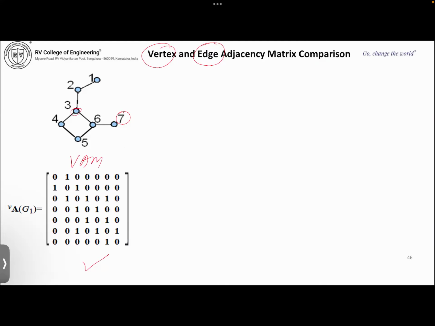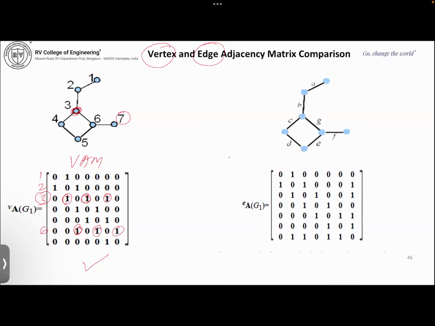You can see that vertex 3 is adjacent to the second carbon, the fourth carbon, and the sixth carbon. High degree. Even for 6, this is 6, adjacent to 3, 5, and 7.